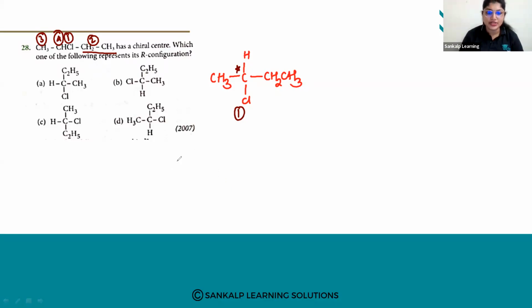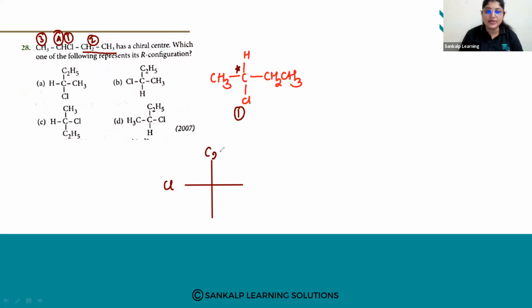So I'll write the Fisher projection. I'll write a straight line. Now here, the first priority will be for Cl, so I'll write Cl here. Then second will come here, going in the clockwise direction.